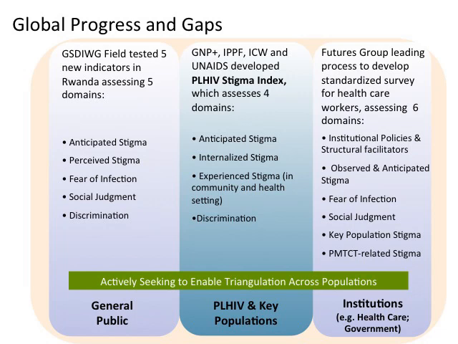These efforts are all going on simultaneously, and everyone's in close collaboration, and we're really hopeful to have in the next year or so some guidance around measuring stigma across these 3 populations. The Futures Group work is going to be field tested in about 5 or 6 countries, so that's probably going to take a little bit of time. I would expect it might be 6 months to a year before we have results from them.